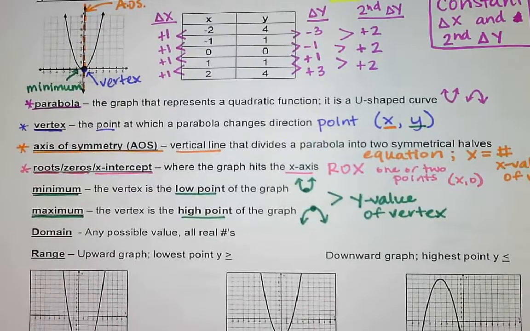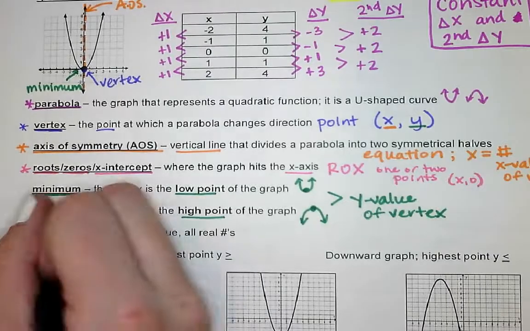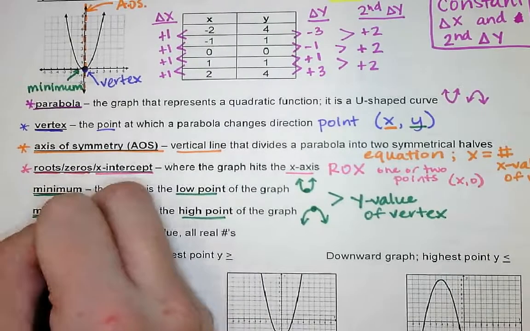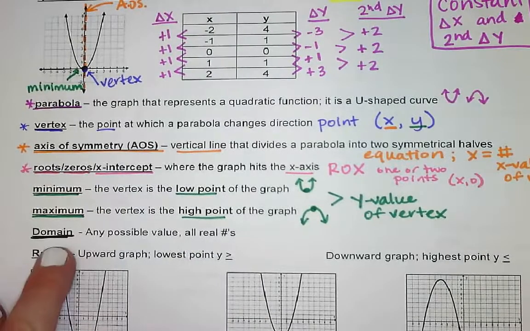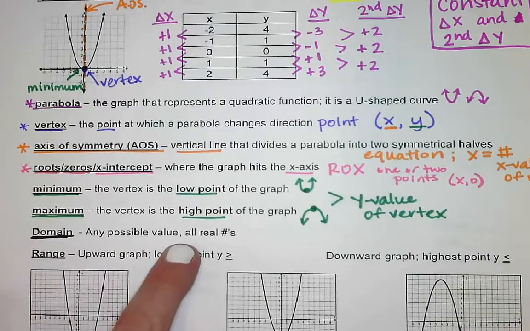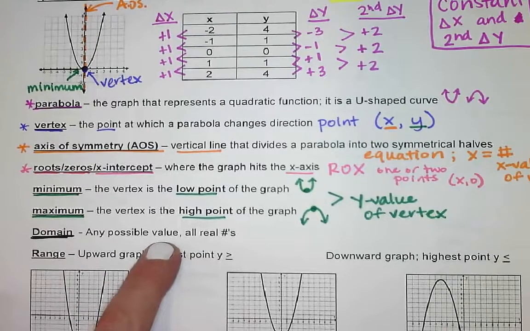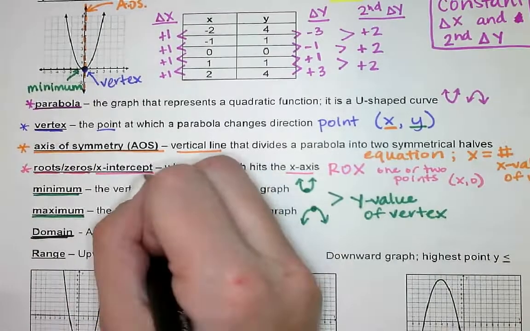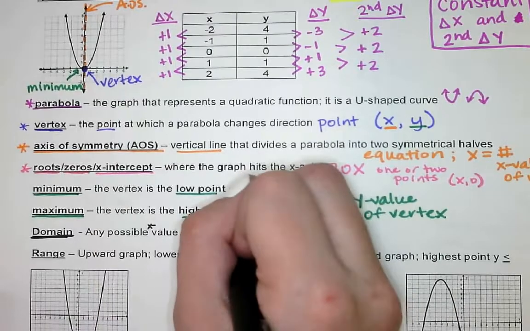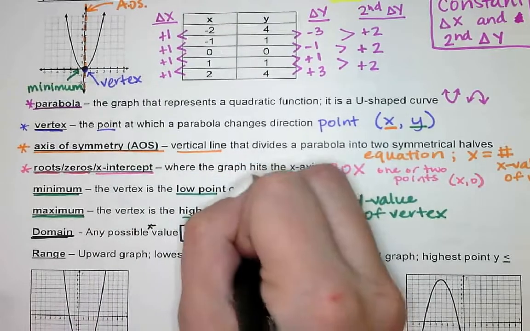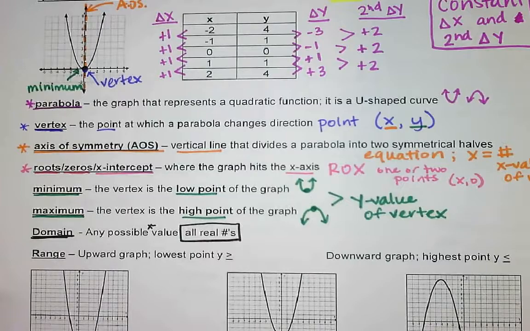Now, for domain, these are all things we're going to identify about these graphs. For our domain, y'all, the domain is any possible number, any possible x value. That's important. And it's going to be all real numbers.